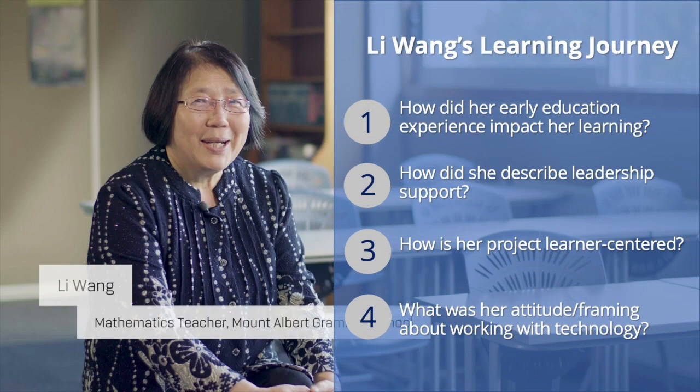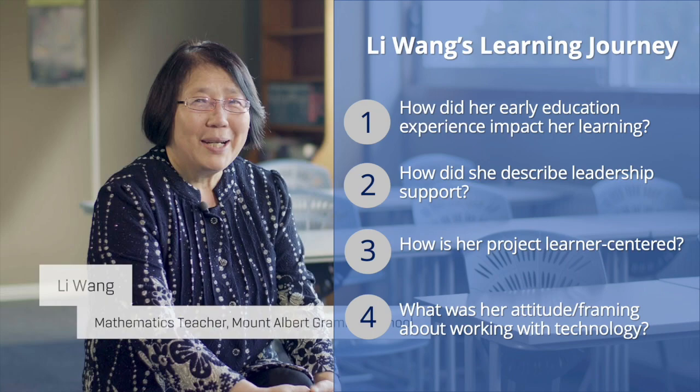So I want you to watch this video, and on the other side, I want to debrief these 4 questions. I want you to think about how did her early education experience impact her learning. Listen to some key phrases about her early life and how that might have impacted her learning. Second, how does she describe leadership support?